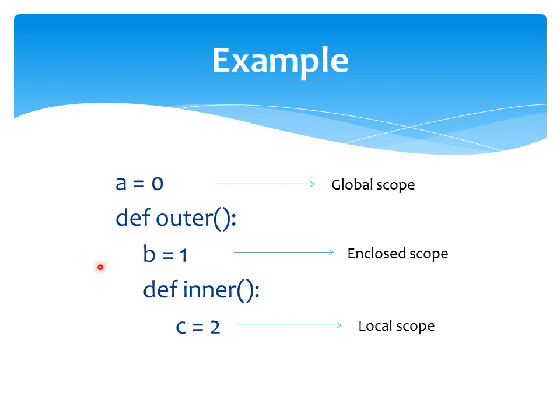The b is visible for the inner function also. That's why it is called enclosed scope. And here you have a function called inner and it has a variable c equal to 2. The variable c is only visible in the inner scope, not in any other functions in the program. So this is called local scope, this is called enclosed scope and this is called global scope.